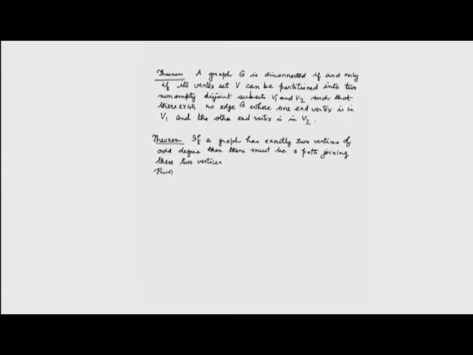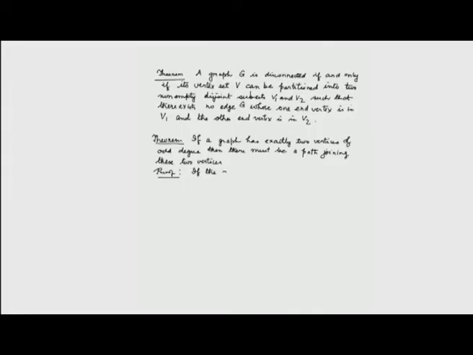Proof. Now, let us look at the statement. Now, we are considering graphs with only one restriction, that in this graph there are only two vertices of odd degree and the rest of the vertices are of even degree.